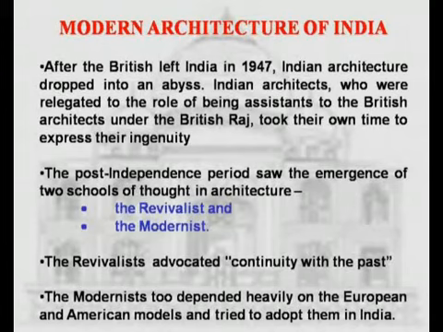The post-independence period saw the emergence of two schools of thought in architecture in modern India: the revivalist, who advocated continuity with the past, and the modernist, who also depended heavily on the European and American models and tried to adopt them in India.